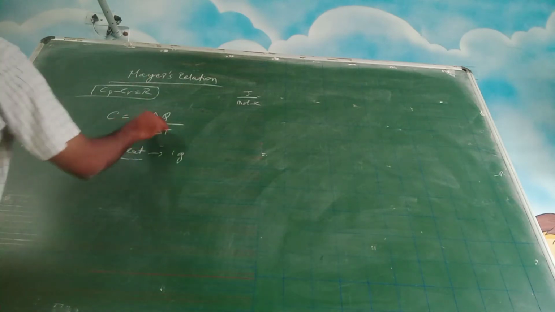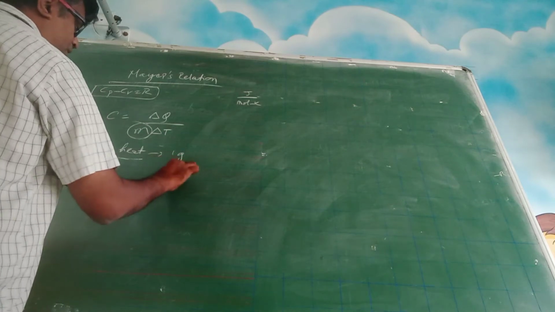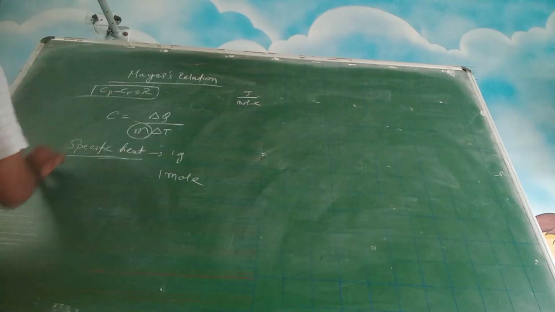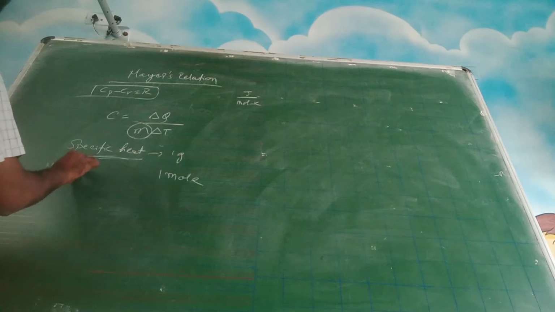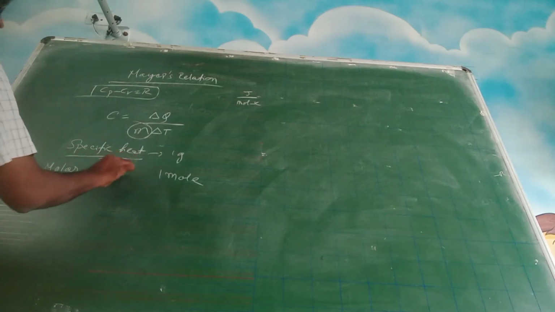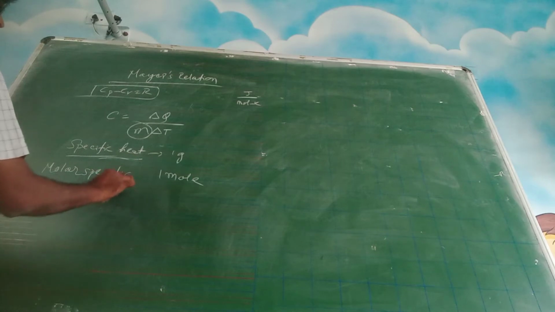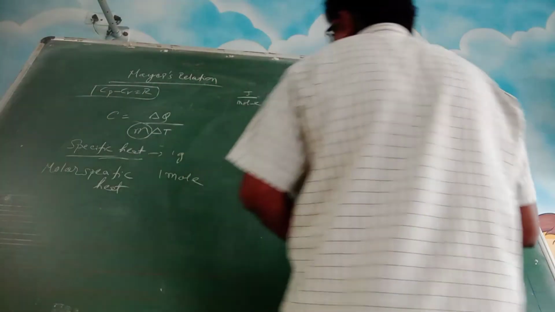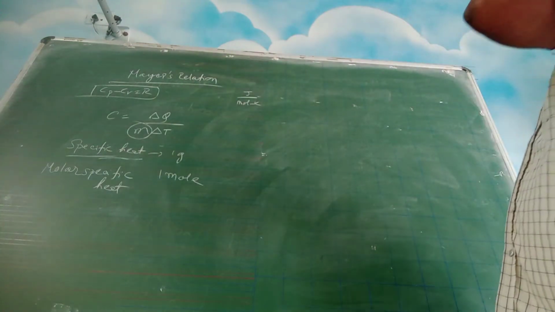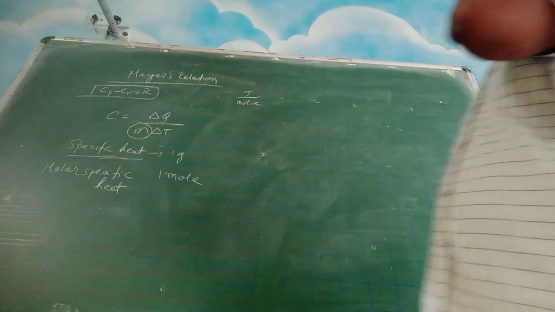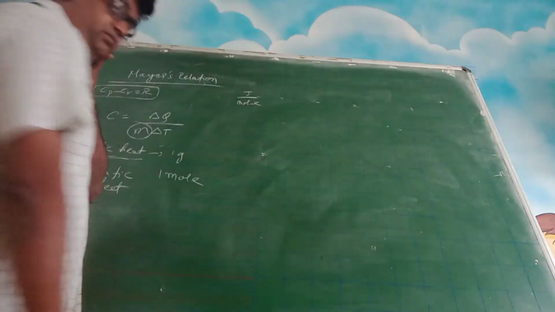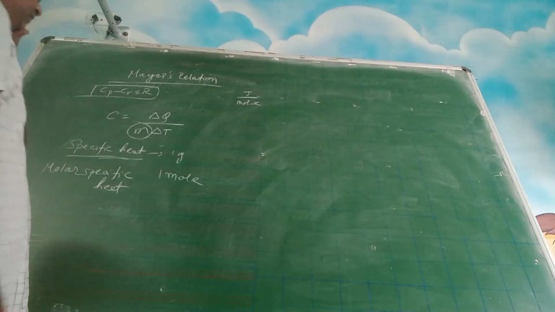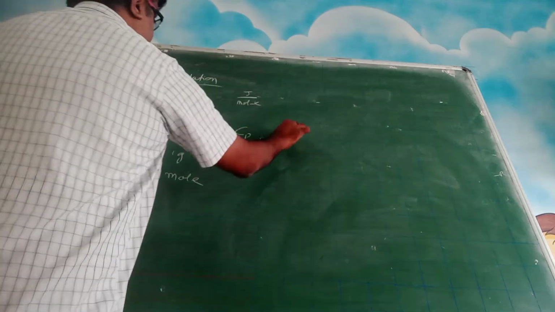In the place of m, if I consider 1 mole, the same becomes molar specific heat. These two are not different things. The concept is the same only. If you consider 1 mole, it becomes molar specific heat. So when we talk about specific heat, we have two ways of finding it, Cp and Cv.